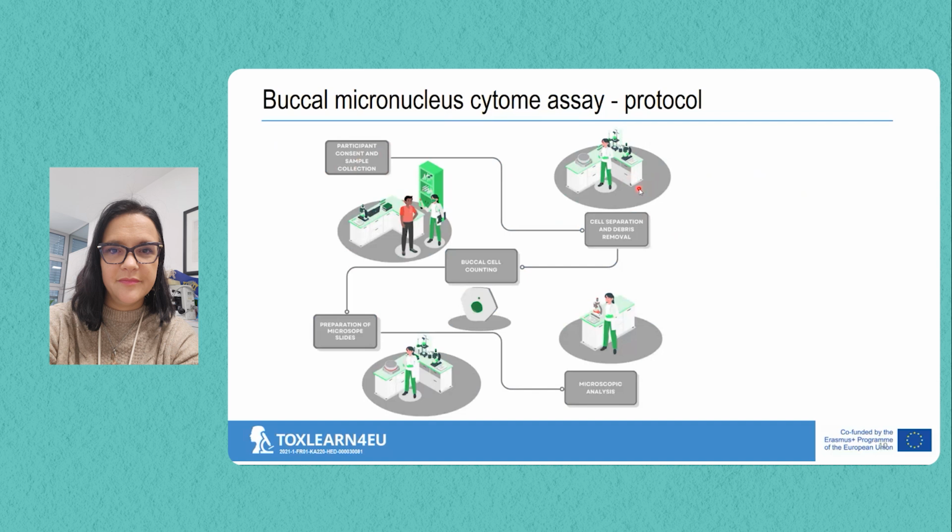Then goes the cell separation, the removal of bacteria and microbes, and cleaning of the sample. After that, you are counting the buccal cell number, and you are preparing the microscopic slides, staining them, and making the microscopic analysis.